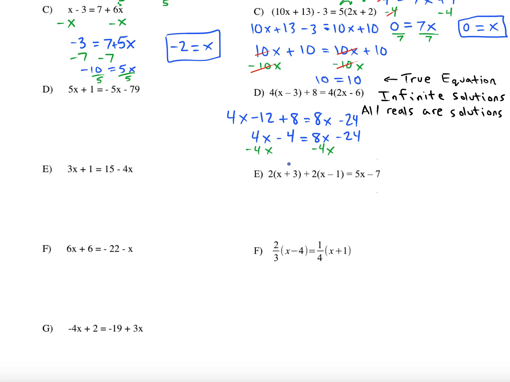Let's see, we'll get negative 4 equals 4x minus 24. Okay, let's add 24 to both sides. We'll get 20 equals 4x. X is 5.